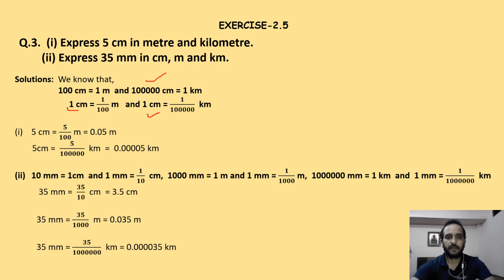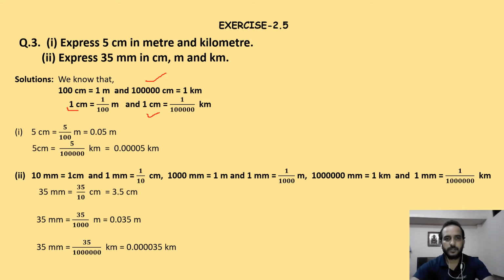Next, 35 mm in meter: 35 mm is multiplied with 1 upon 1000 meter, giving 35 upon 1000 meter, which is 0.035 meter. To convert 35 millimeter into kilometer, we multiply it with 1 upon 10 lakh.